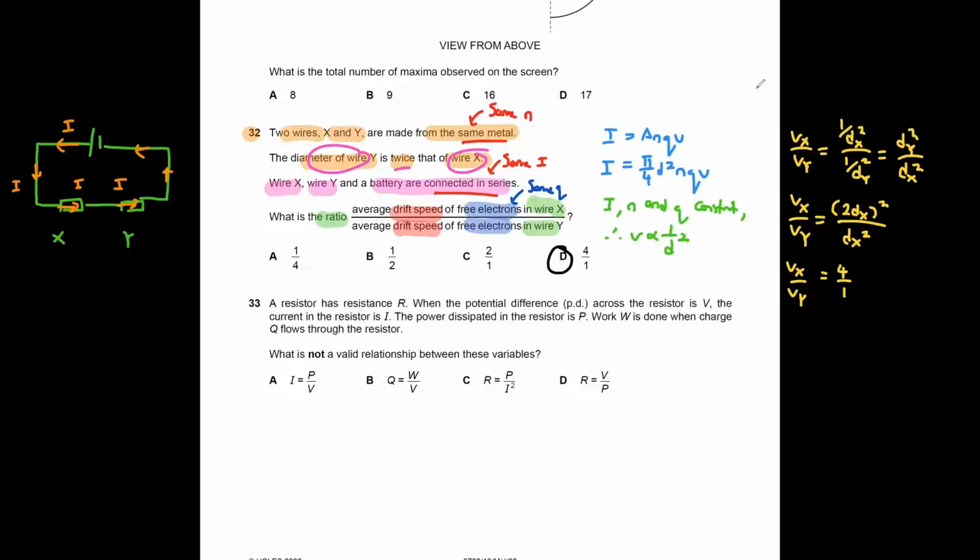Okay, so this is again based on the first method of doing things. But again, if you try to do this based on the second method, just by using simple ratio, v is inversely proportional to d squared.